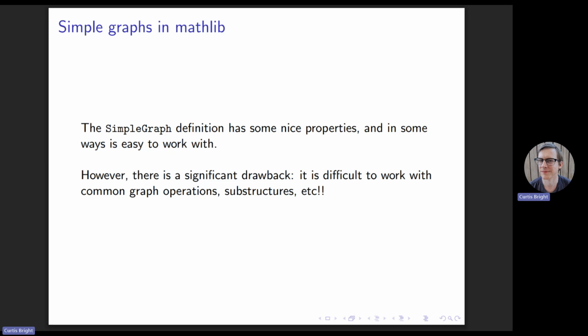So we have the nice notation g.adj v w, and it's nice to construct things like edge sets, and it's fairly expressive enough for us to be able to do a lot with it. But there's one significant drawback. It's fairly difficult to work with common graph operations, substructures, etc.